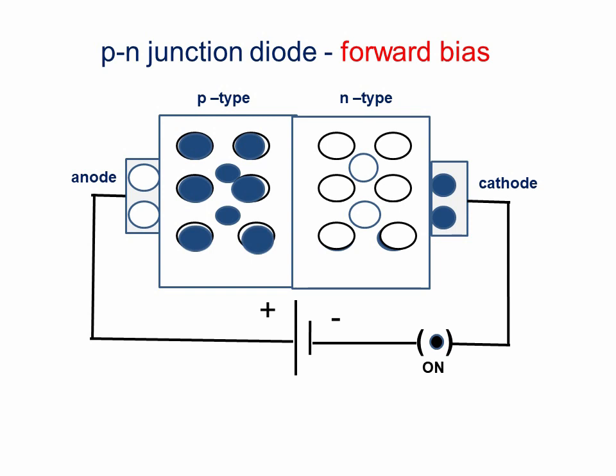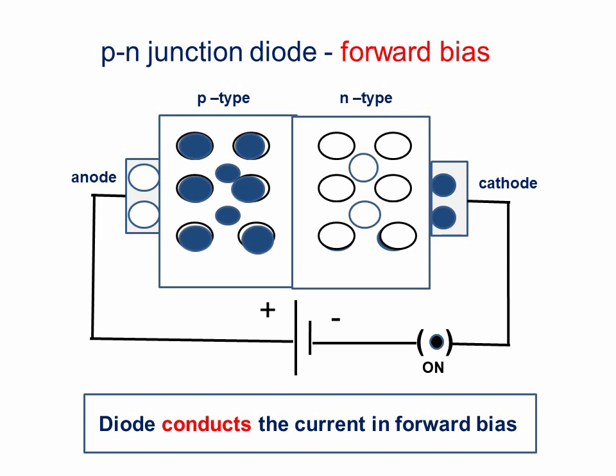So, this process occurs continuously. In this way, the charge carriers are moving from either side in forward bias. So, let us conclude that the diode conducts the current in forward bias.